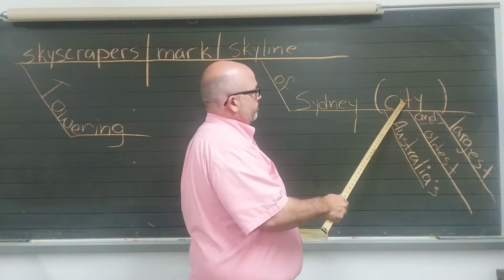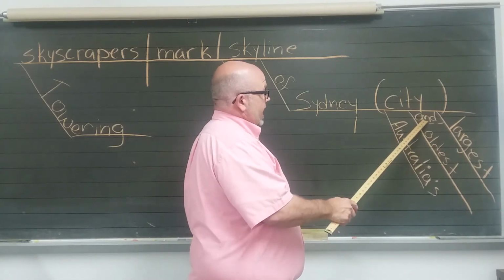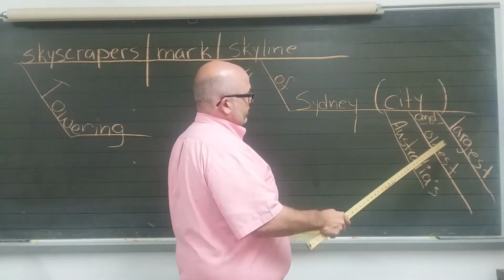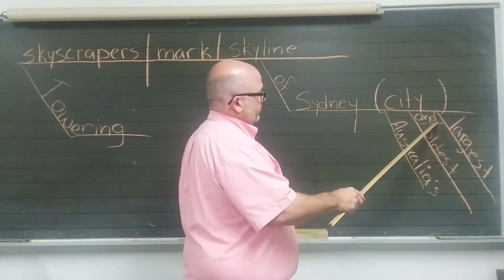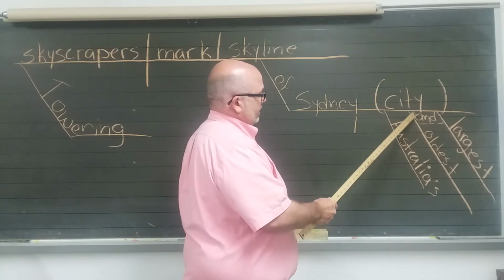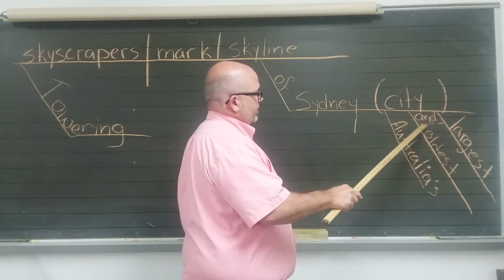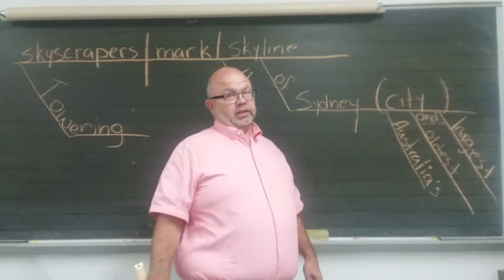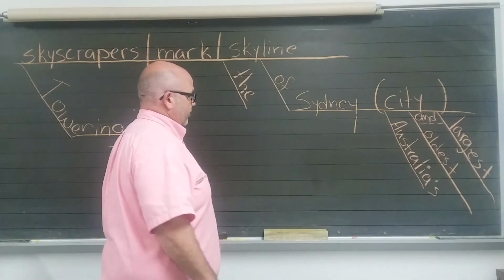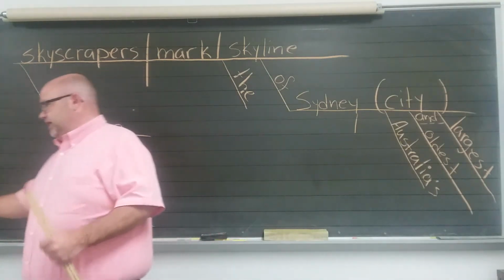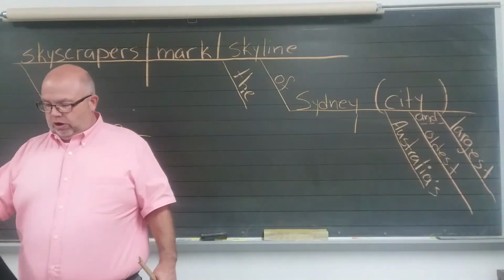Australia, city. Oldest and largest. When you have compound adjectives like that, oldest and largest, it gets diagrammed just on the adjective lines with the conjunction on a dotted line between them. Okay? So just check that out, see how you did on this diagram. You do not need to make corrections, but you do not need to keep track of the number wrong.